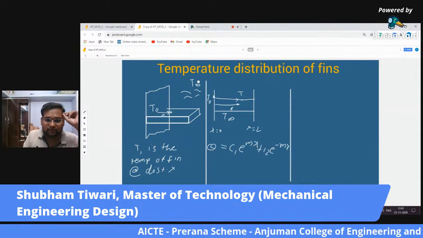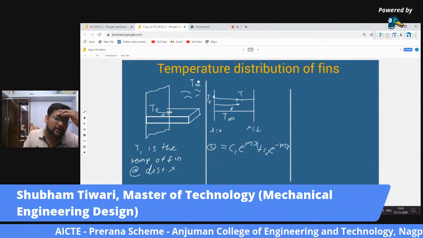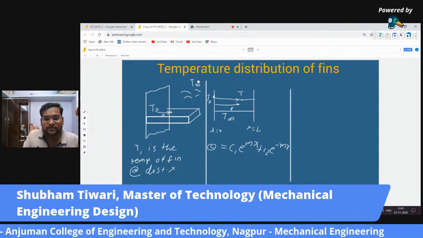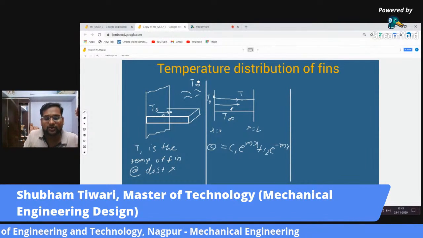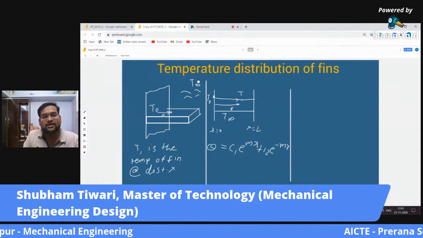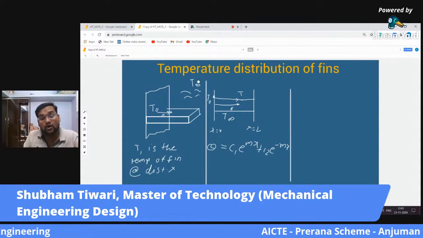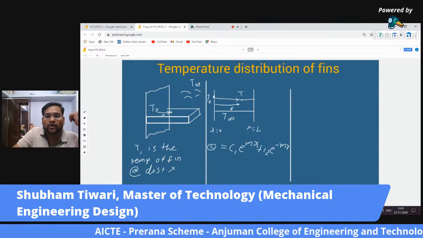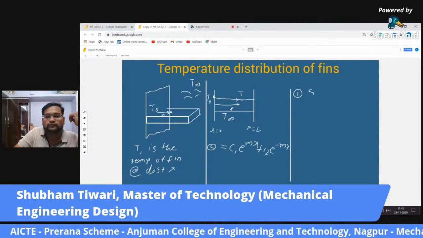When we solve such differential equations, this is the root form. We know what m is. And x is the distance of any particular point on the fin from the root of the fin. So what is the formula for a short fin?